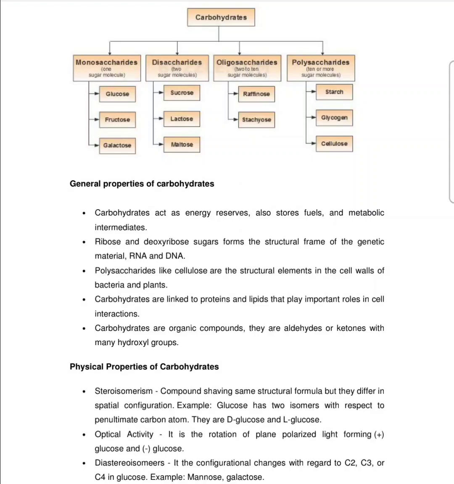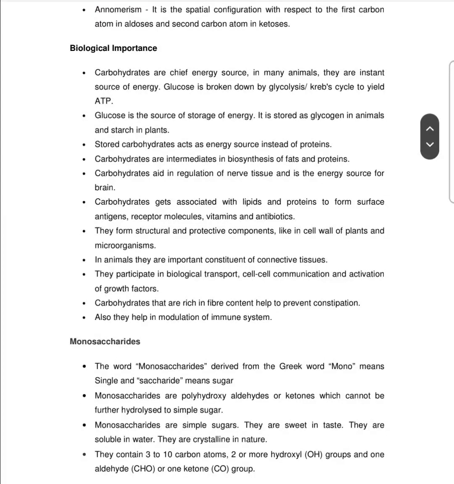Diastereomers are configuration changes with regard to carbon positions, for example mannose, lactose, etc. Anomerism is a special configuration with respect to the first carbon atom in aldoses and the second carbon atom in ketoses. There are a number of biological importances.